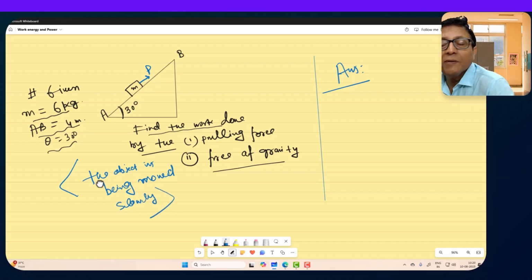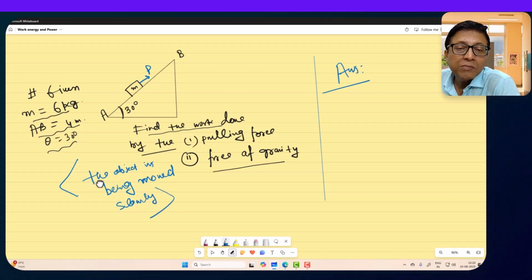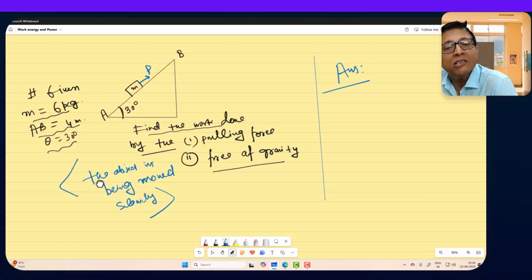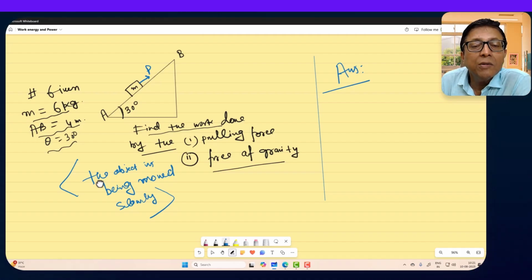If there is a change of velocity related problem, it must be mentioned over there. But it is not given, so we'll assume that the object is being moved slowly.